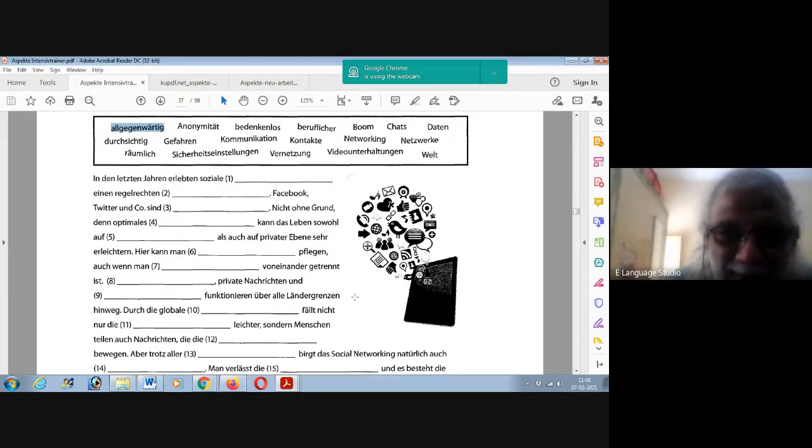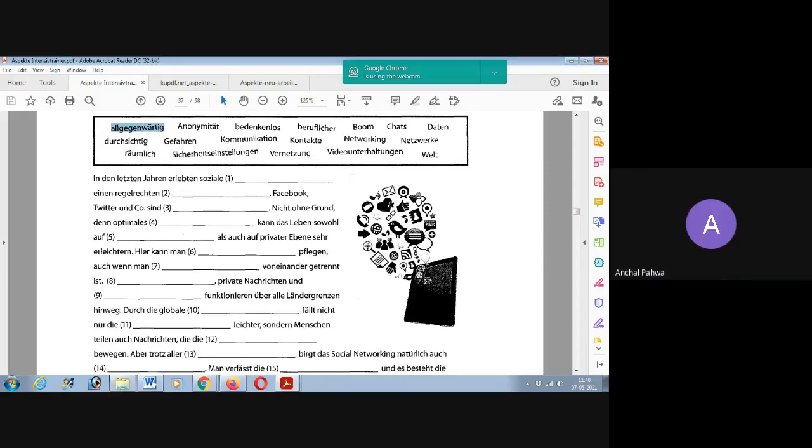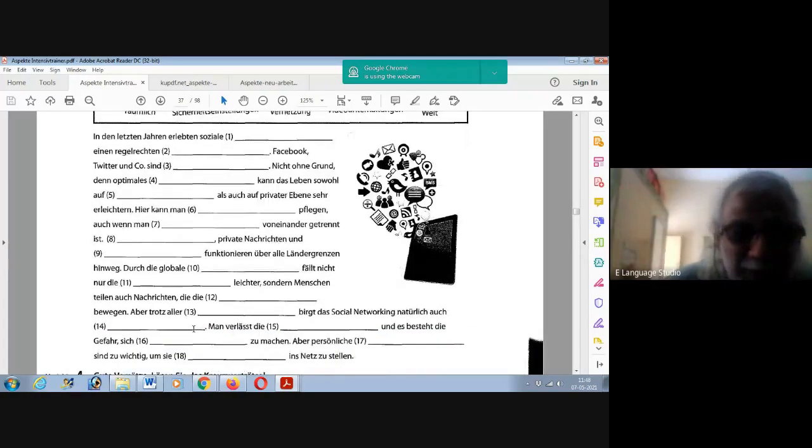Welt. Correct. So even news can be shared which moves the world.